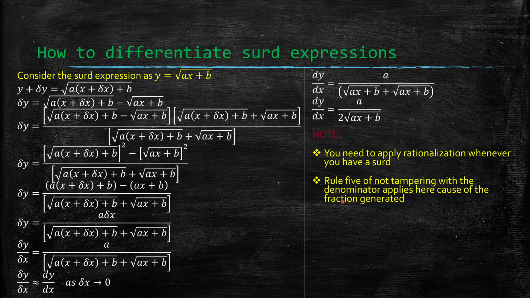Then also rule 5 of non-tampering with the denominator still happens here, as we realize it here. We kept this one here until when we're carrying out limits. That's when we tampered with it by eliminating a small change in x, so it still applies.